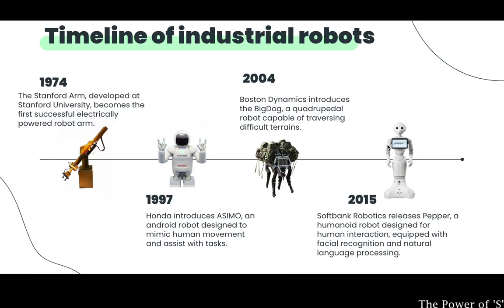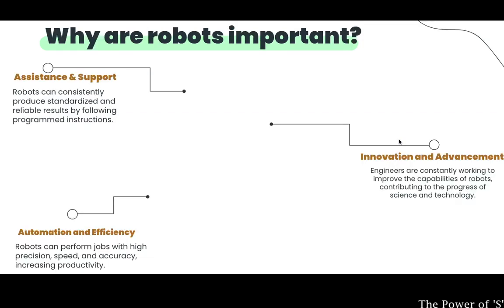And then in 2015, SoftBank Robotics released Pepper, a humanoid robot designed for human interaction, equipped with facial recognition, natural language processing, etc. But nowadays we have a robot called Sophia. Sophia looks like a human. You can see that SoftBank's robot doesn't look human-like. She looks like a human, but that's that.